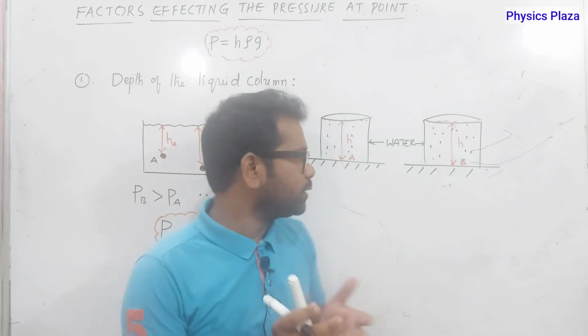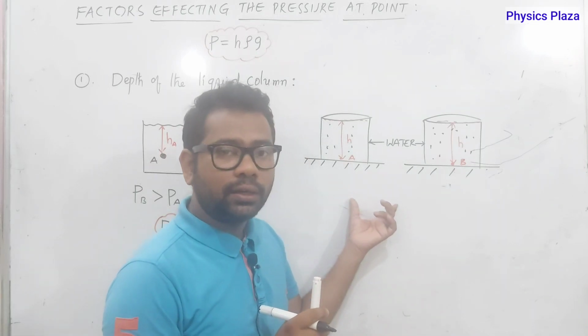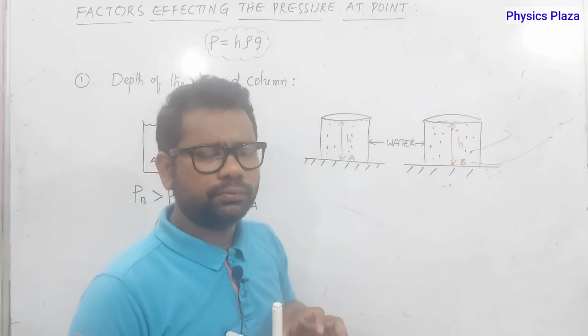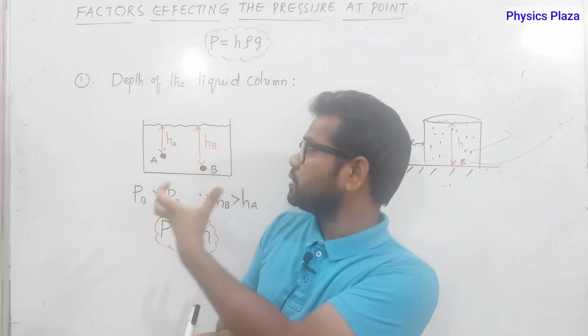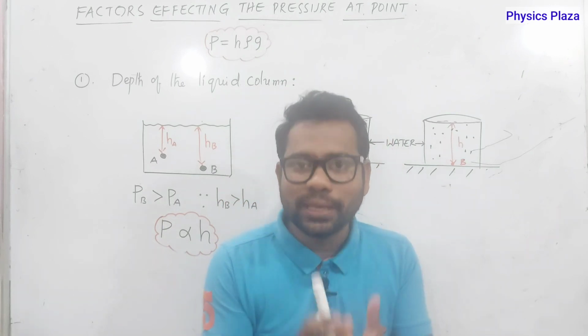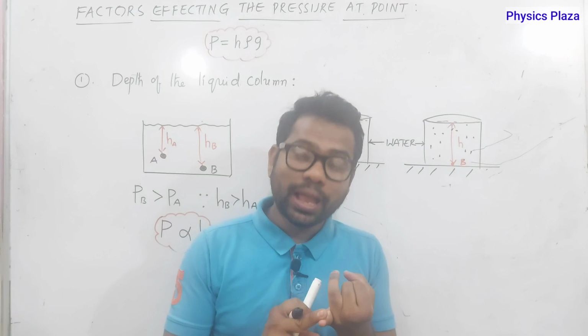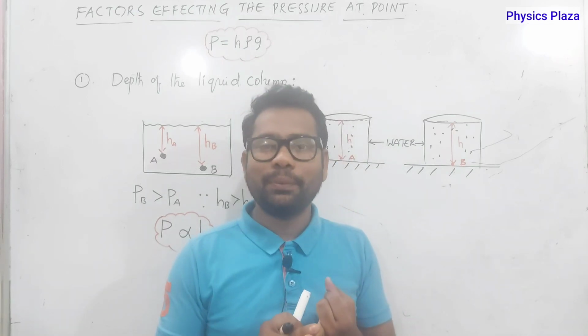Try to understand. This is a case where the liquid density is the same and the depth is also the same. So, as per our previous discussion, pressure must be the same at point A and point B. Why? Depth is the same and the density of the liquid is also the same. Am I right?